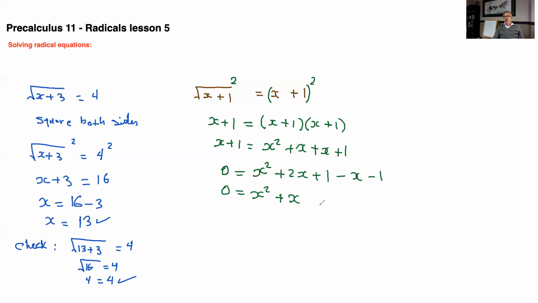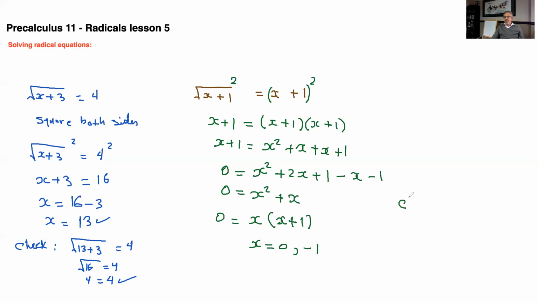And then 1 minus 1 is 0, so that's what I end up with. And then you have to factor this. So 0 equals x times x plus 1. Factoring this, you just have the greatest common factor here, which is x. So therefore, when it's factored like that, you know x will equal 0 and -1. That's what makes this expression 0.